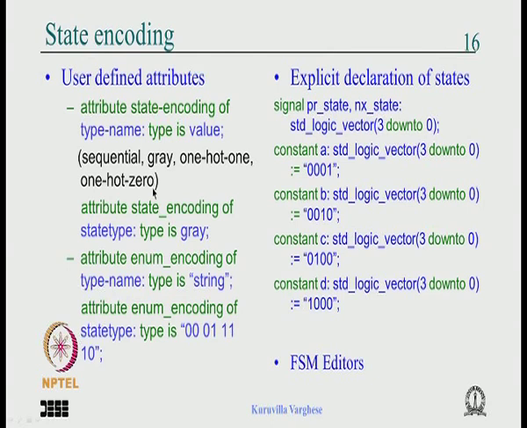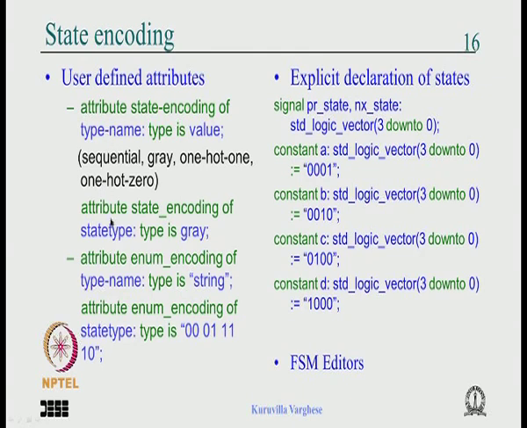But I have seen that in the recent tool like Vivado of the Xilinx, this attribute is changed. So please check which tool you are using and refer to the vendor manual for the appropriate attribute. There may be some name changes, but more or less the syntax is the same.